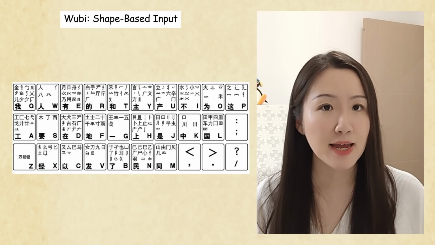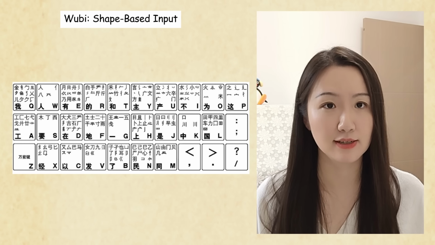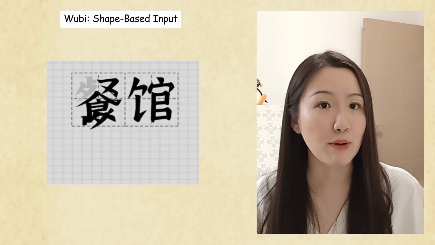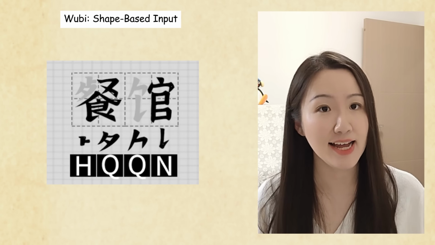So instead of typing pronunciation, you type the structure of the character. For example, you look at a character, break it into parts in your head, type those parts in order, and the character appears.